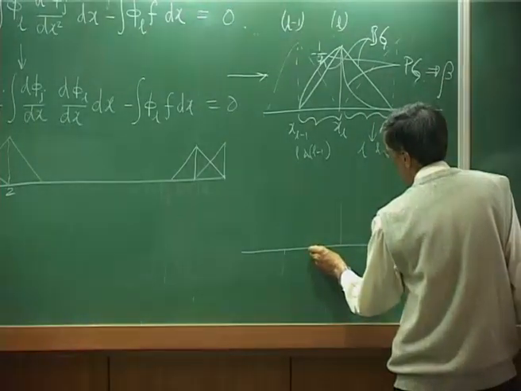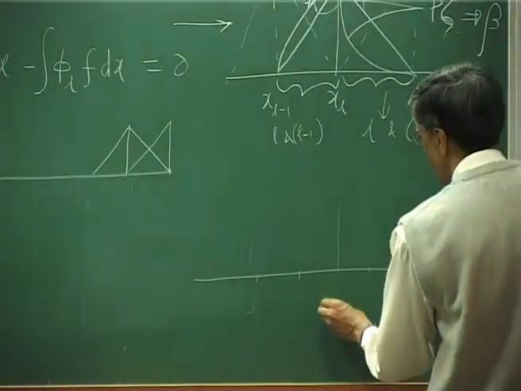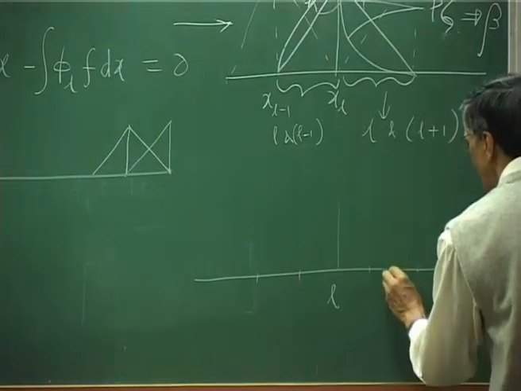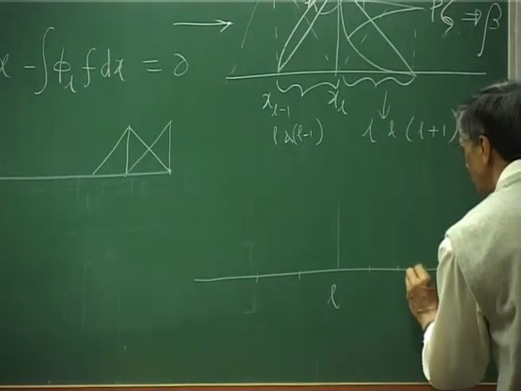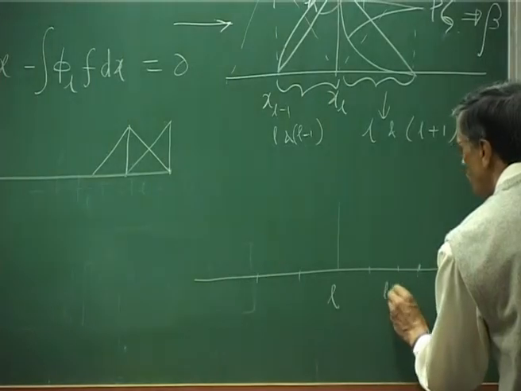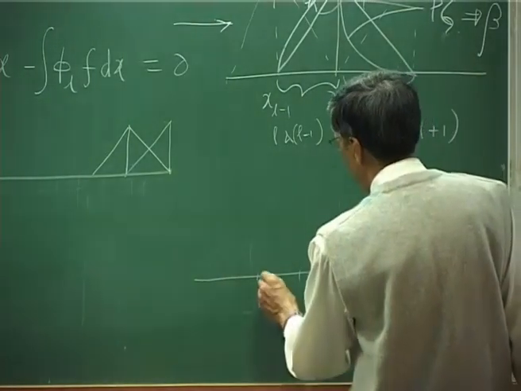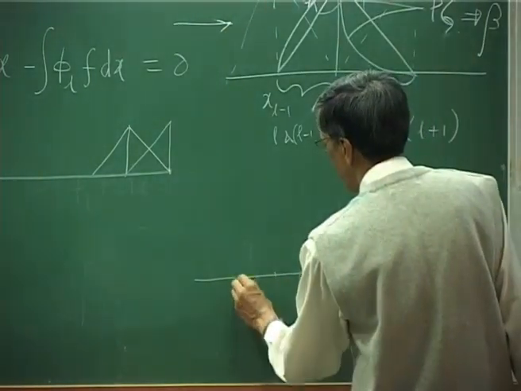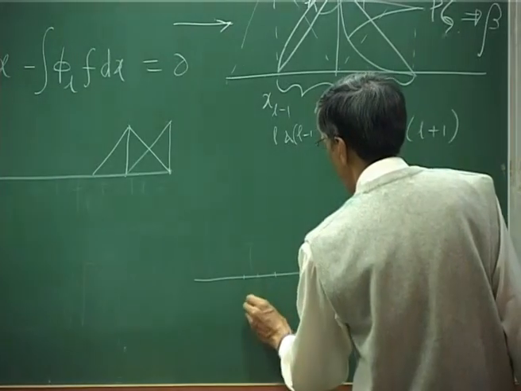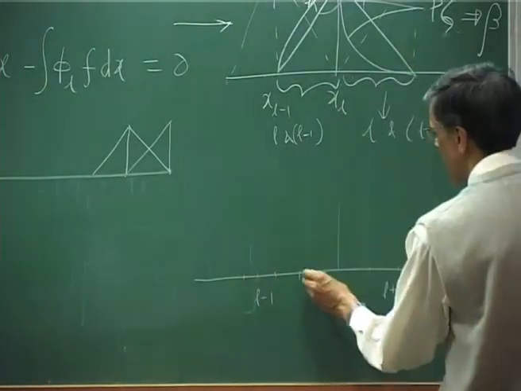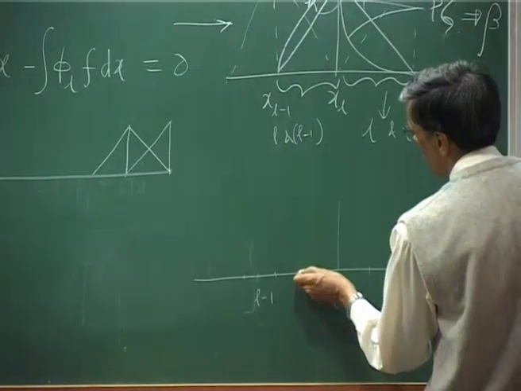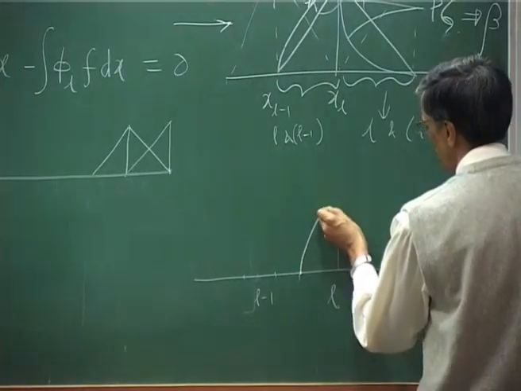So, this is one node. So, this is, let us say, the Lth node, and I will have a midpoint. So, this is my L plus 1th node, okay, and this is the midpoint, and this is my L minus 1th.